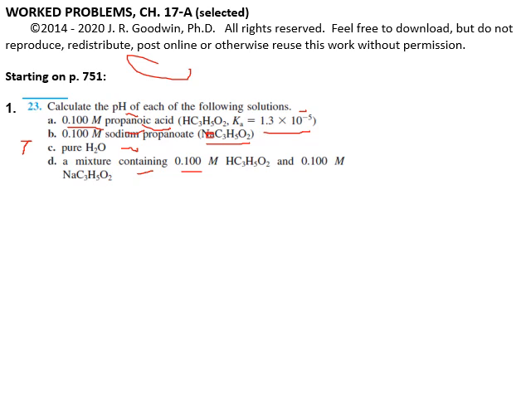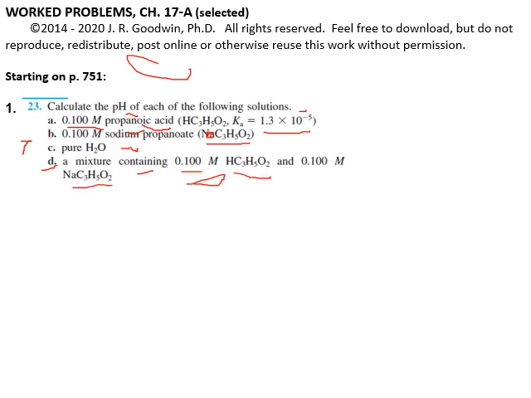So what we're going to see, part C is going to be that the pH is going to be 7, period. And then for D, there's a couple of different ways you could do it, but let's just look at it before we turn over here. For part D, this is going to be a buffer solution, and also the concentration of this acid and the concentration of the base are the same.